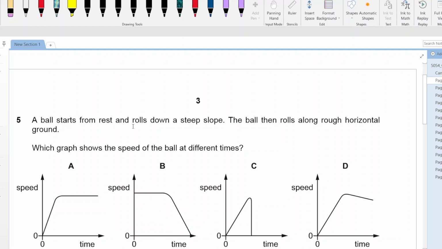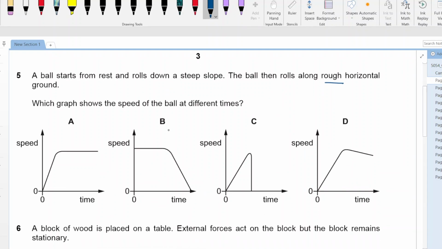Since the ball rolls down a steep slope, at first it accelerates, and then it enters into rough horizontal road, therefore it decelerates. Therefore graph D describes the situation the best, and number 5 right answer D.